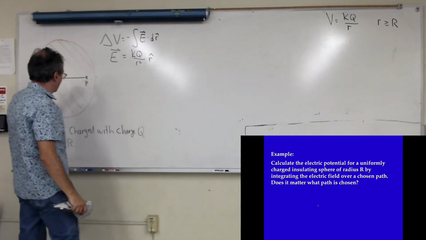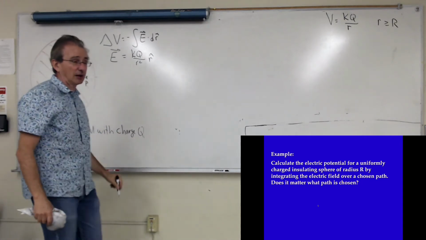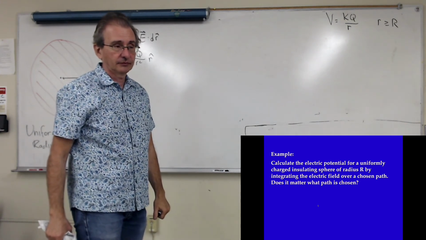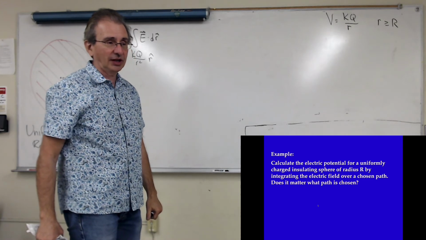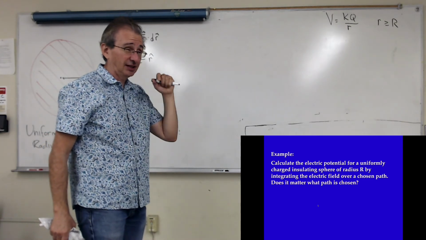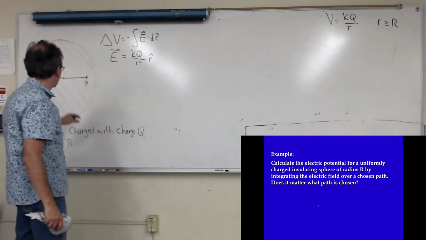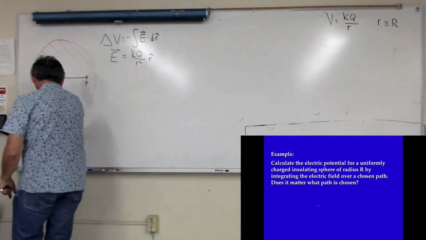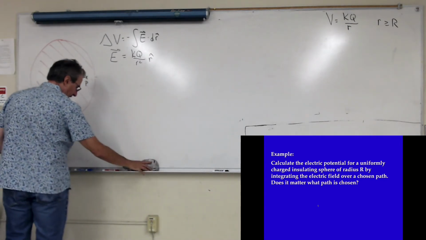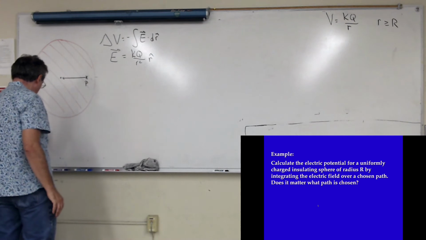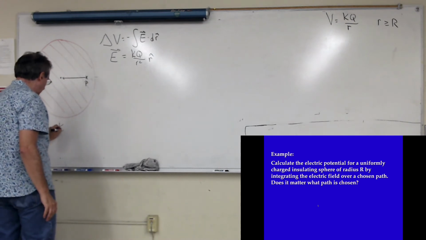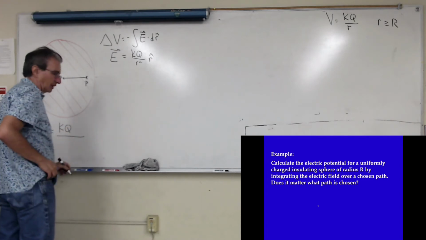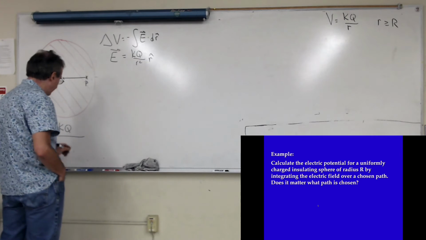So E is defined differently inside here. We've done that problem. The last problem I did in chapter 24, in the homework, was the field of the uniformly charged sphere. This is also in your book. The field of the uniformly charged sphere looks like this.